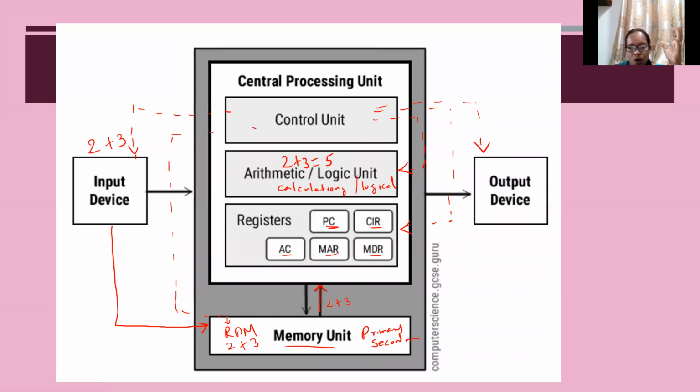So in order to hold that answer 5 temporarily, again the registers are used, right? Once this calculation is done, until the 5 is sent to the RAM, it should be held by some register. Right, that part is also done by the register.